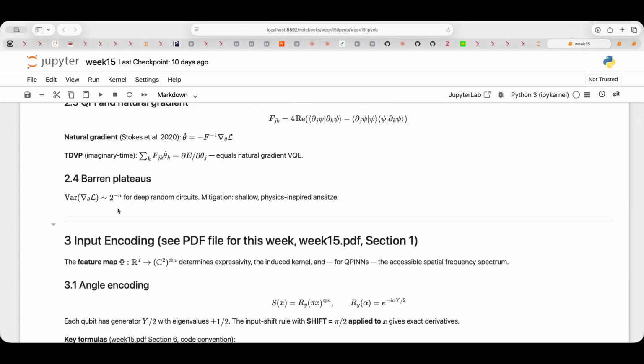But due to the depth of the circuit, we can actually get a variance on the cost function, which then leads to these barren plateaus. So the typical approach then is actually to use a shallow network, which clearly then leads to fewer parameters, but at the same time, you have perhaps less expressivity. Actually, the topic of barren plateaus is a very active research topic in quantum machine learning.